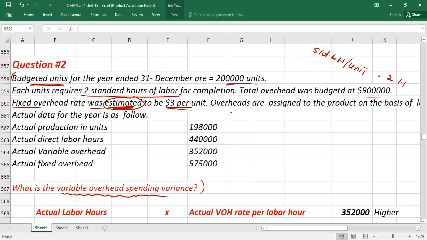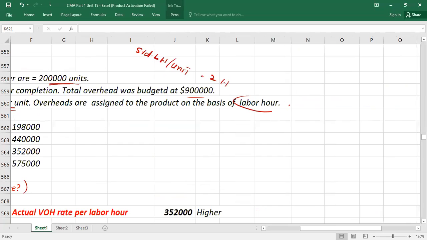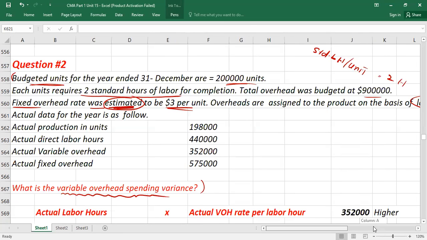Budgeted rate, but for fixed overhead, $3 per unit, not hour, per unit. This is fixed overhead per unit. Overheads are assigned to the product on the basis of, for variable overhead, because variable overhead we are studying, labor hours.